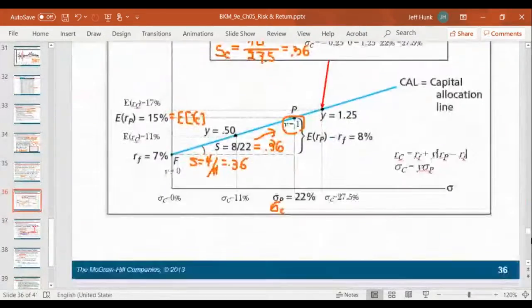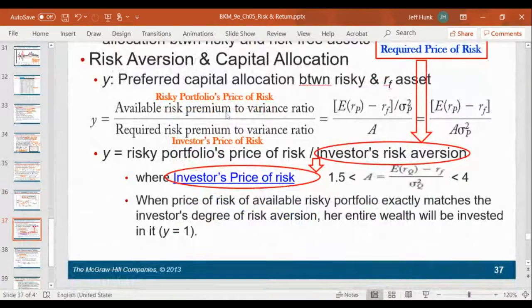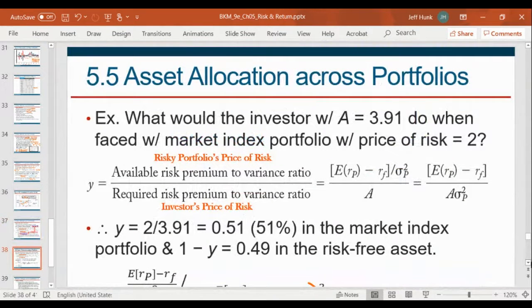So if that's the case, all you need to do is just plug it into this formula. So 2 over 3.91, then the weight comes to 0.51. So you put 51% in the market index portfolio and 49% in the risk-free assets.